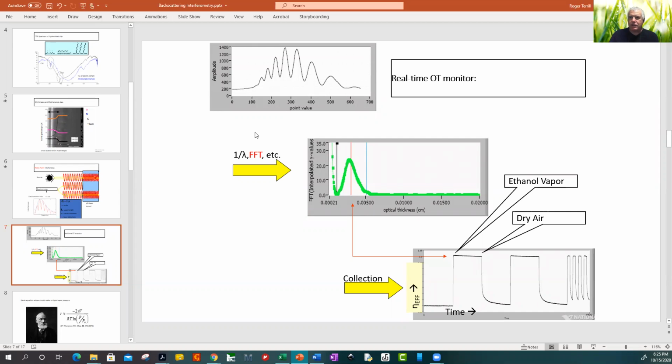Let's analyze this for a second. Every point in this domain corresponds to a point in this domain. And so, you'll notice that this starts around 200 and ends around 200.